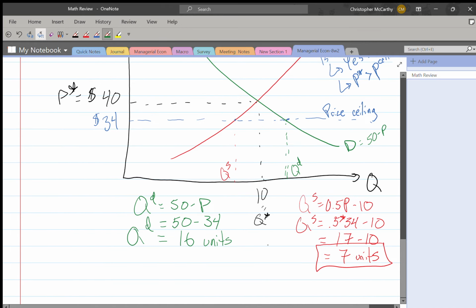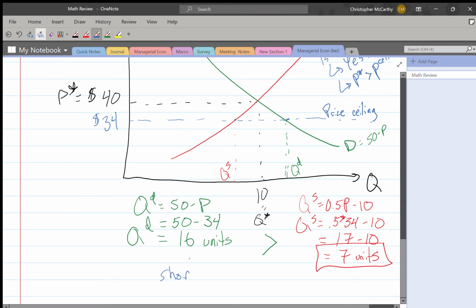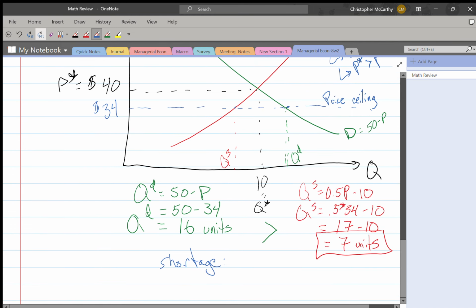This is a situation called a shortage, where there's not enough supply to cover the demand. A shortage is equal to the quantity demanded minus the quantity supplied. So this is 16 minus 7 units, which gives us 9 units.